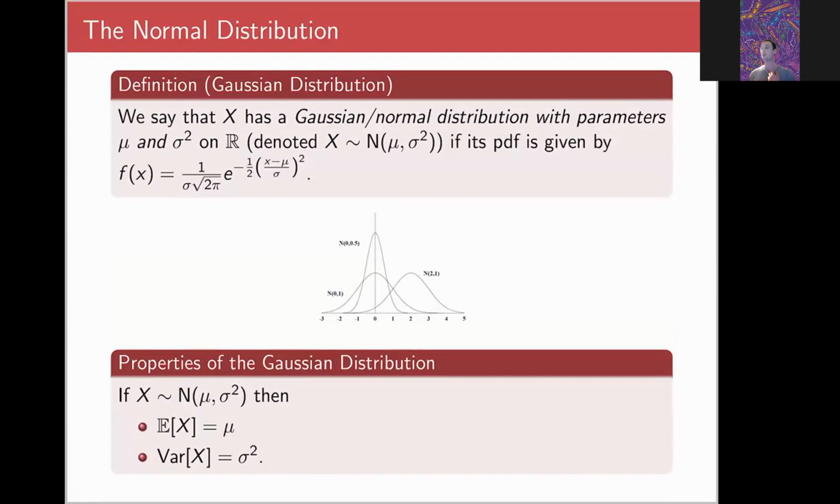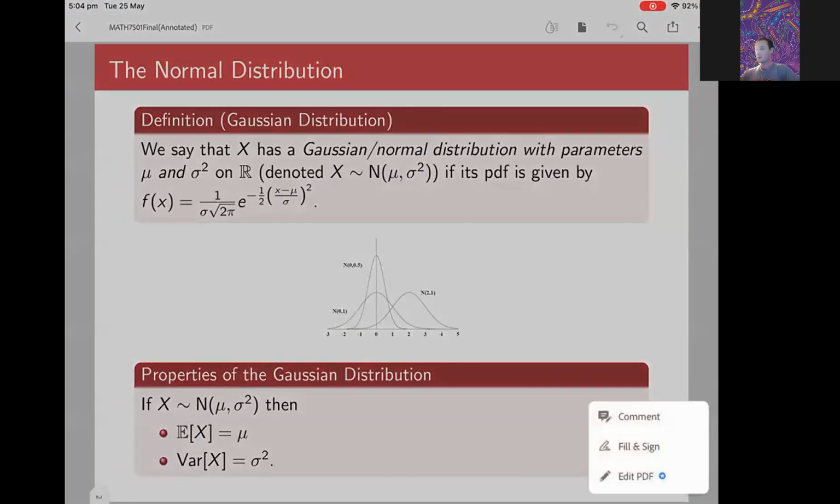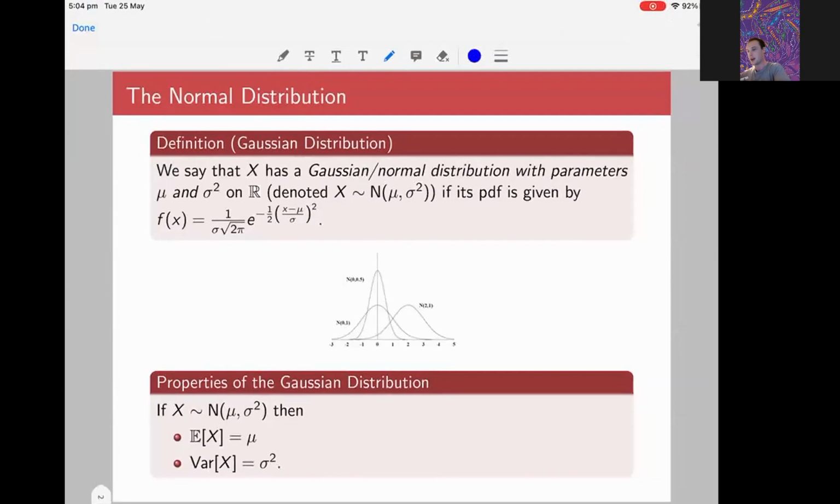Remember, in probability theory we are primarily concerned with these things called random variables. In this context, x is a random variable. As we discussed, we talked about probability density functions for random variables.